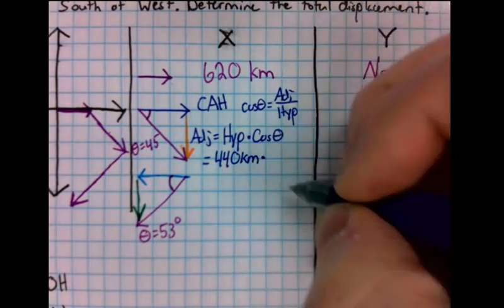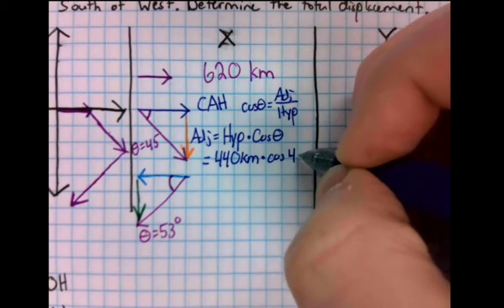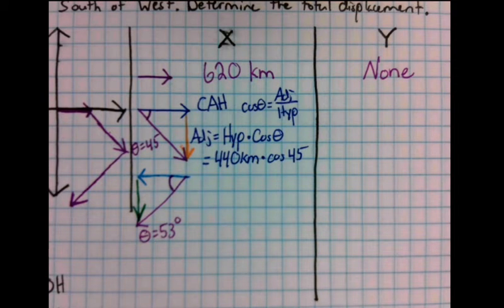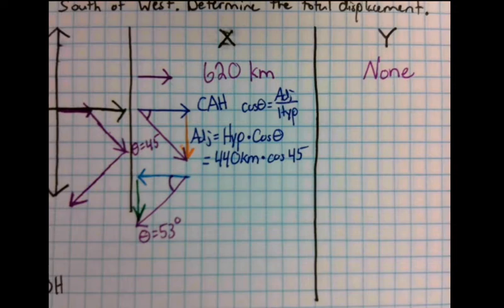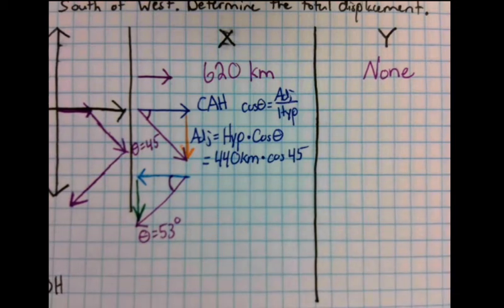And then we're going to multiply that by cosine of 45. Now, you could plug this in and solve for it right now, but because I have boxed myself into a corner by not giving myself enough space, I am not going to plug and solve this in. I'm going to plug this all in one go at the very bottom of it.